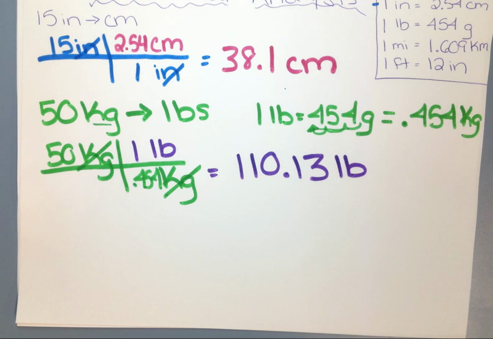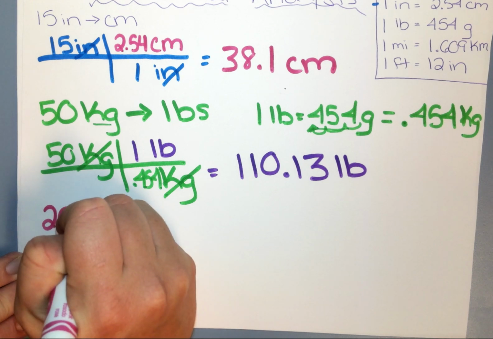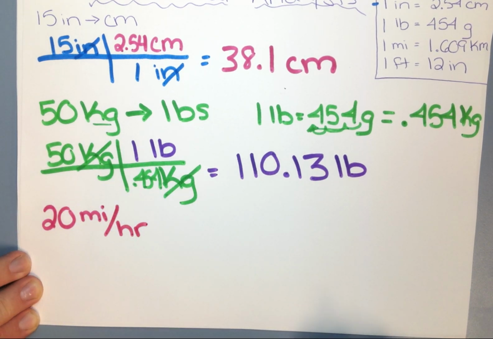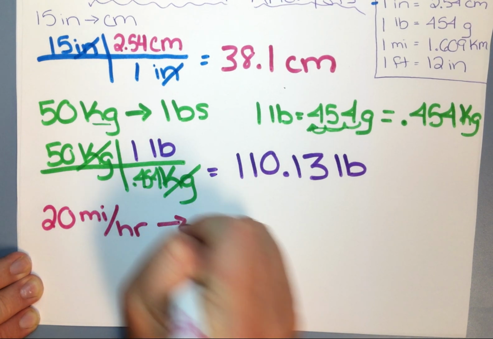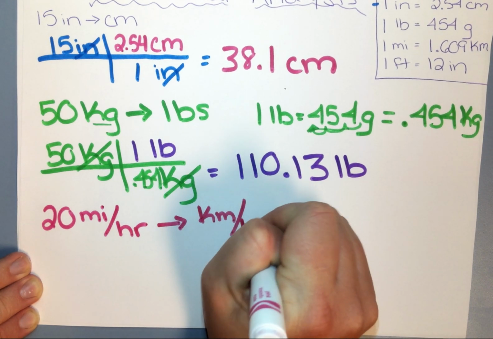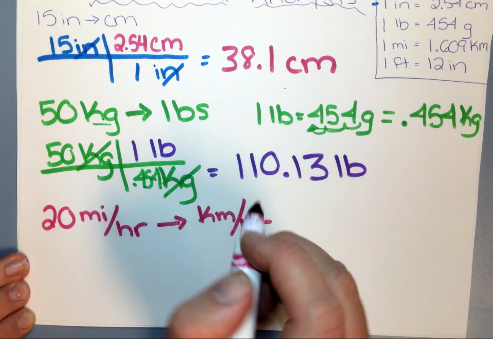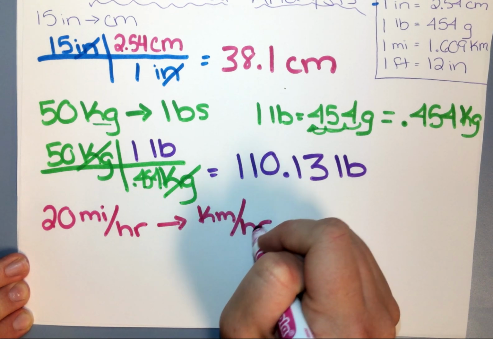So if I said we were driving 20 miles per hour and I wanted to know how many kilometers per hour that was. Or better yet, what if we wanted to know how many kilometers per minute?